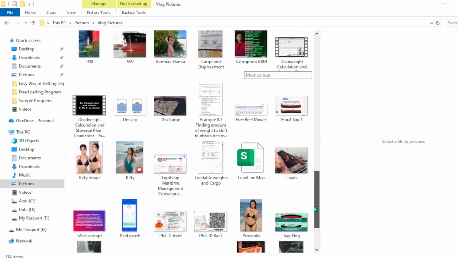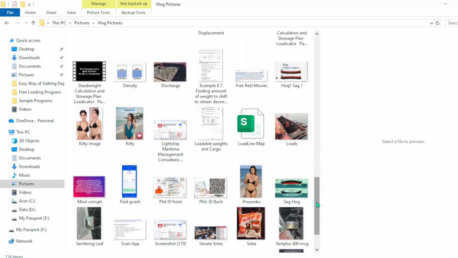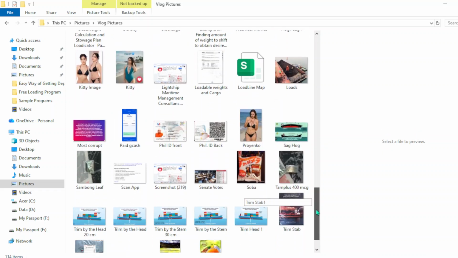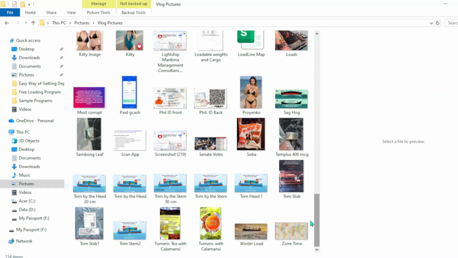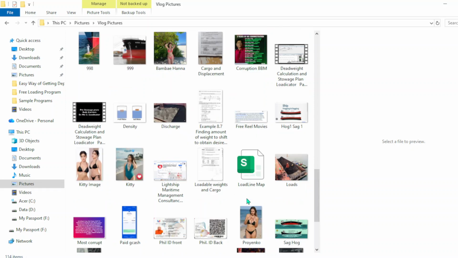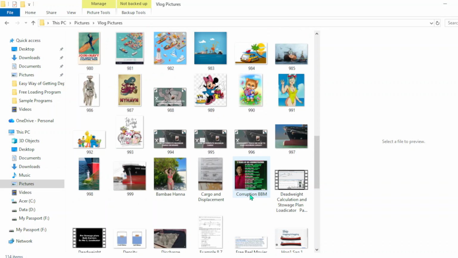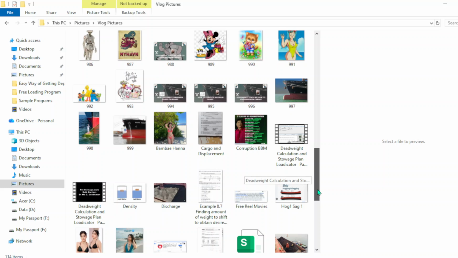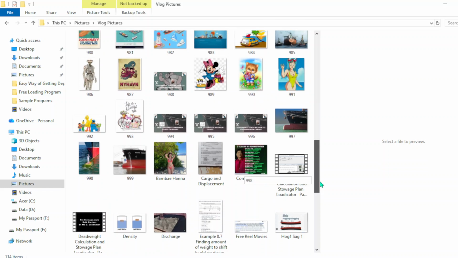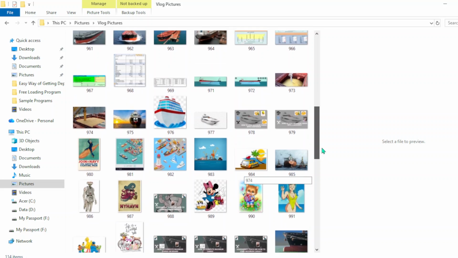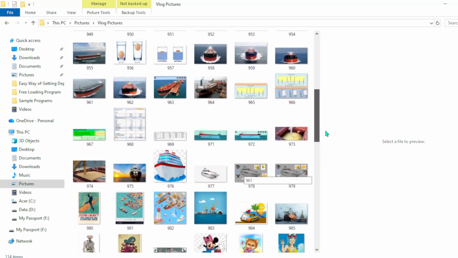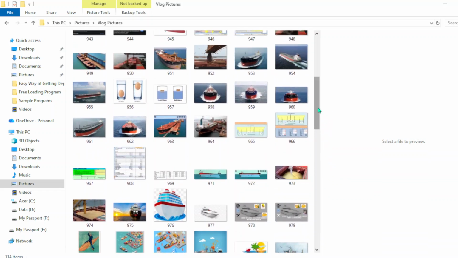Okay, that will also be a good example, but just somewhere around here.